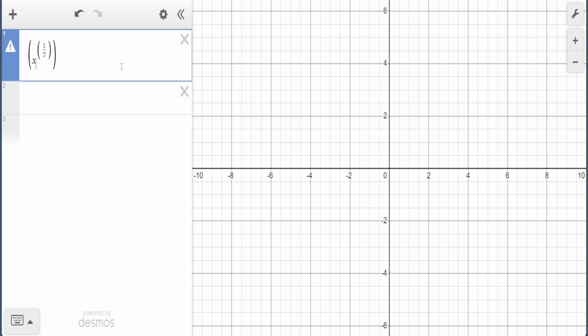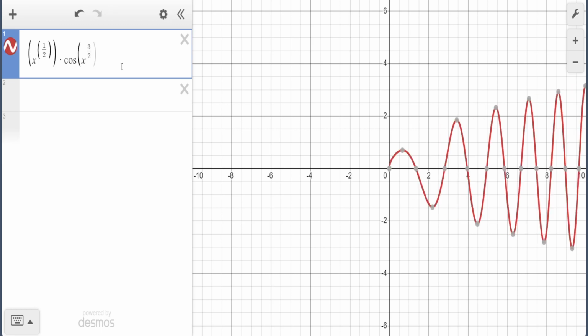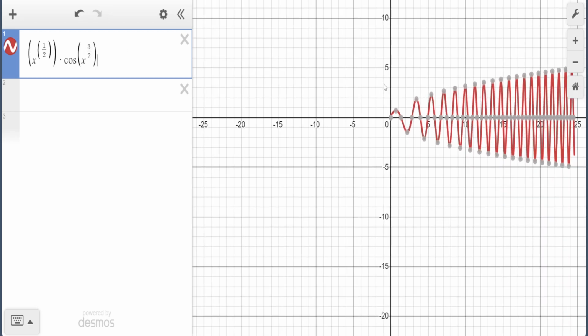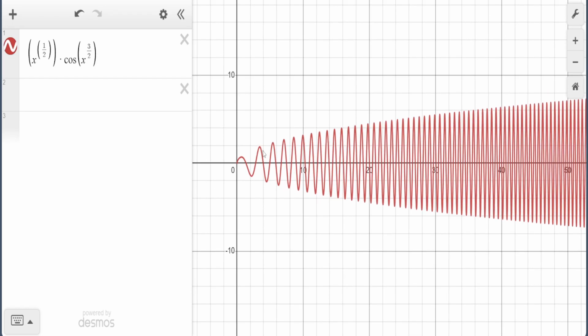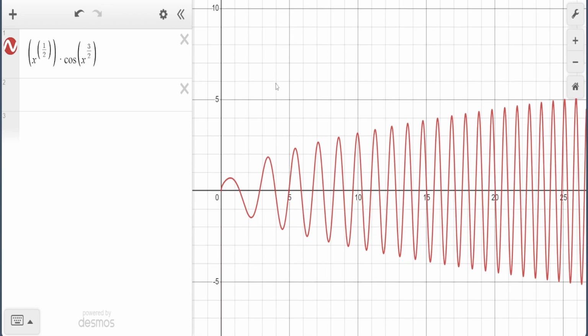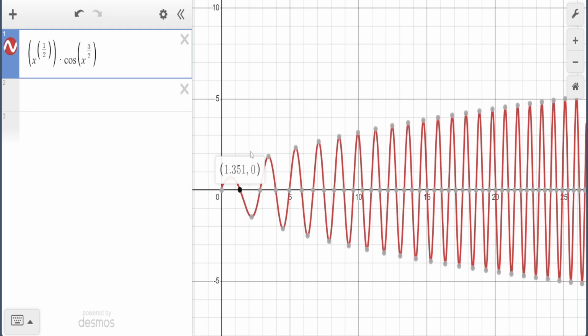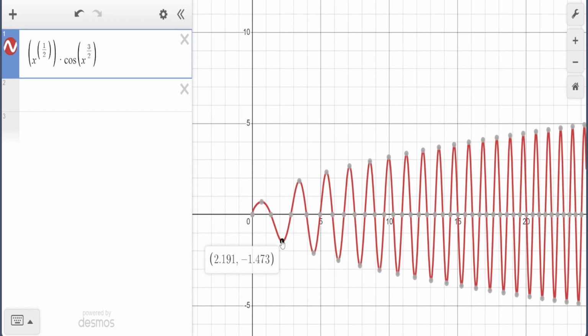X to the 1/2 times cosine x to the 3 over 2. Okay, that looks normal to me. I'm thinking about this area wise. Does it let me know where it hits? Is that like 3 pi over 2 or something? No, that's not pi over 2. Okay, I don't know.